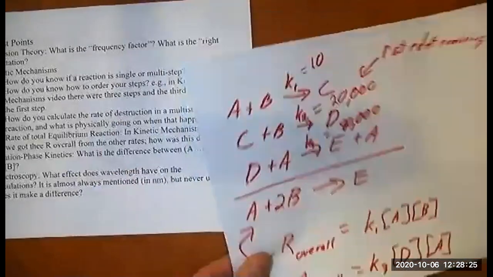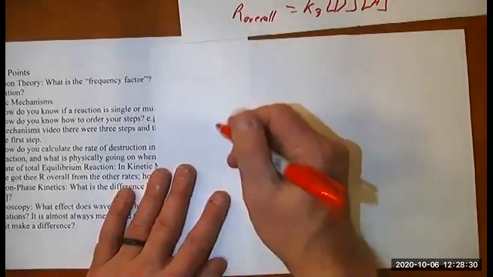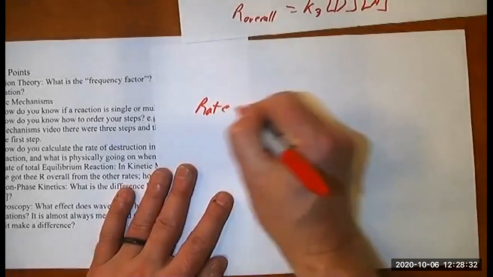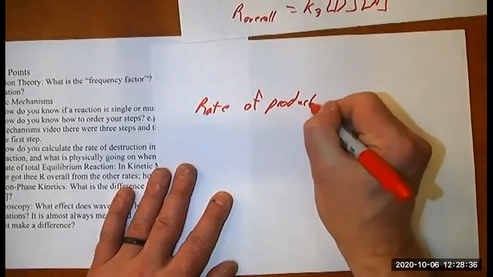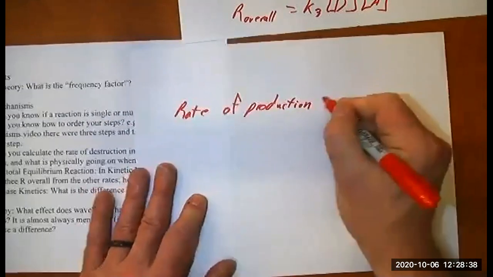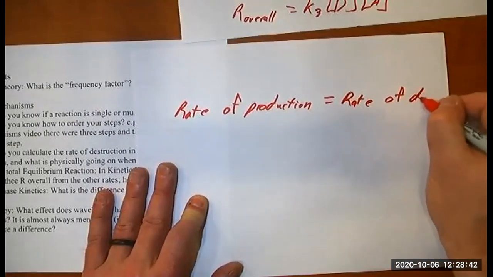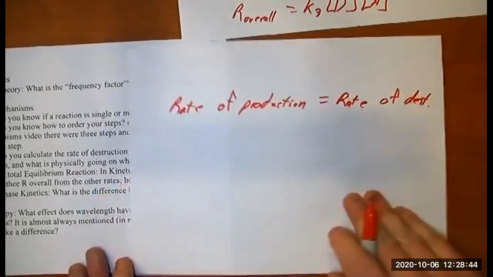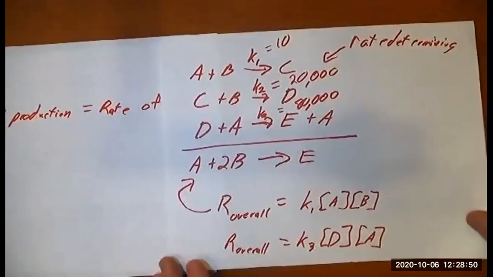And so I do remember saying in the video that in that context, the rate of production of the intermediate is going to equal the rate of destruction of the intermediate. So let's look at how we would actually do that and apply it to this particular example.